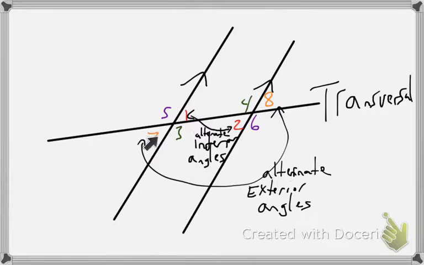This 7, if we were to turn it around, looks like 8. Same thing with this 1, it looks like the 2. 4 is an obtuse angle like 3 is, and it turns out that that is true. Alternate interior angles and alternate exterior angles are both, that fancy math word again for equal, congruent.